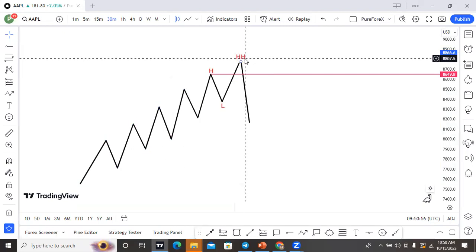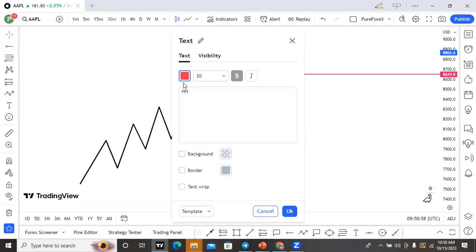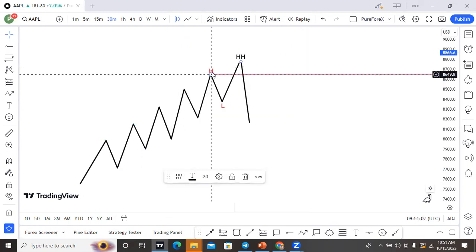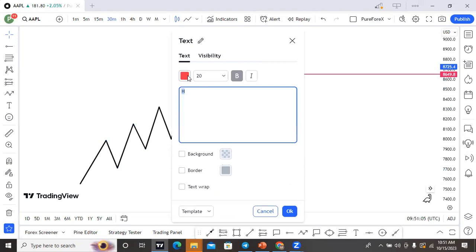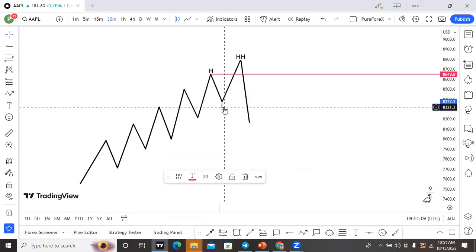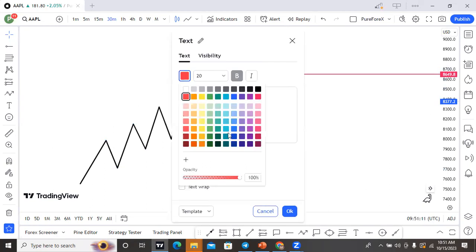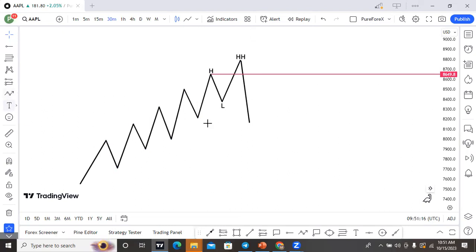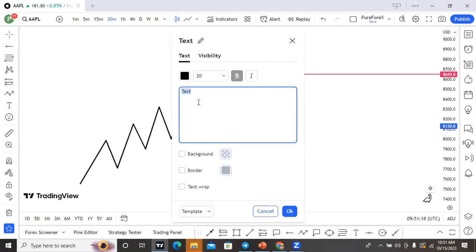Let's change that color to black. And here becomes the lower low.